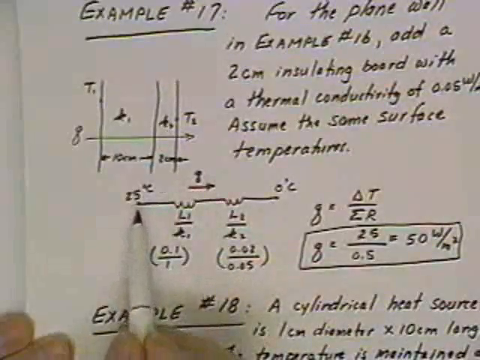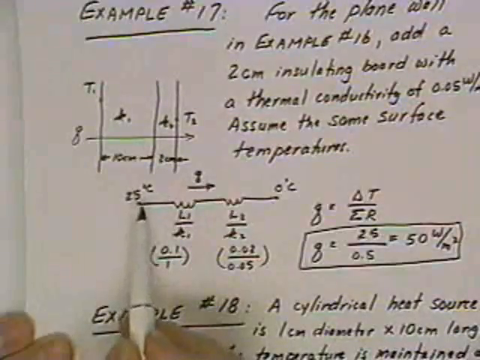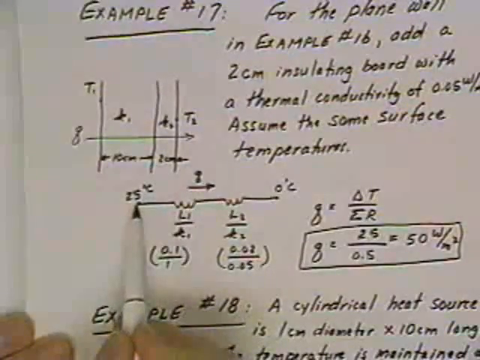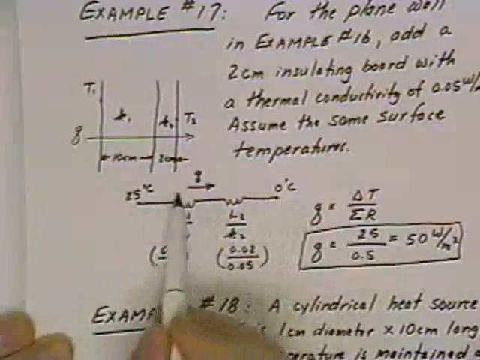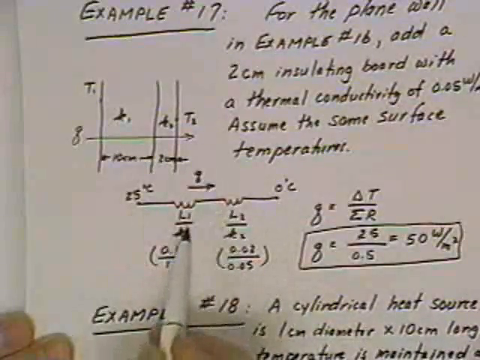The driving potential in the case of an electrical diagram would be the voltage. But in the case of heat transfer, the driving potential is temperature. And so you've got a temperature of 25 degrees C, which is the higher potential than 0 degrees C. So the heat transfer is going to occur in the direction of high temperature to low temperature.